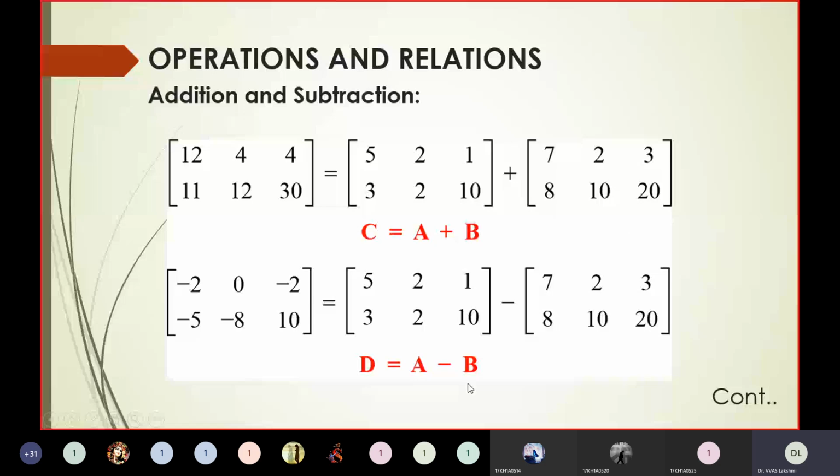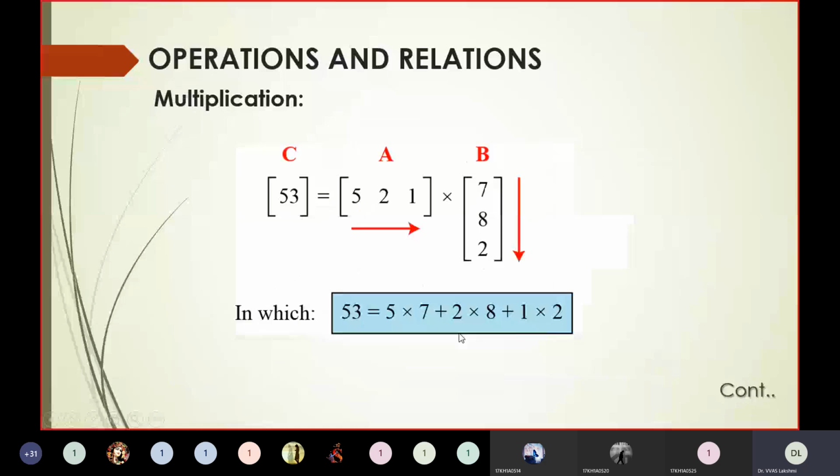In the same way for subtraction, the element in the second matrix is subtracted from the element in the first matrix. Then we get the resultant element. D is equal to A minus B, just like general addition and subtraction operations.